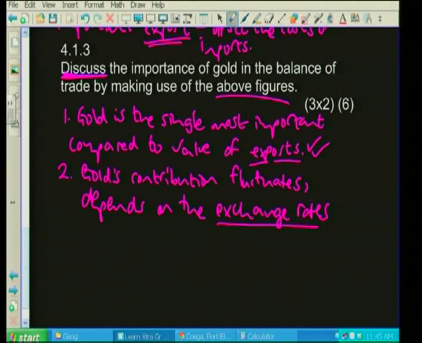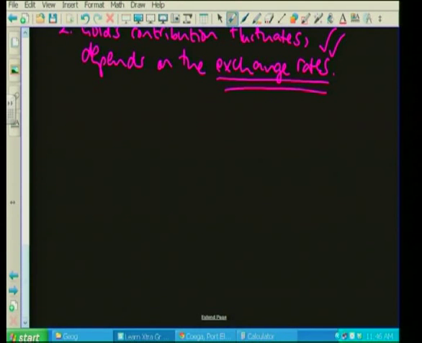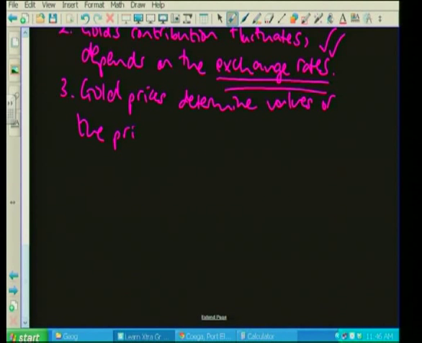Remember, we compare our rand to things like the dollar and the euro and other currencies like the pound and the yen, etc. And then finally, gold prices determine values or the price of various goods. So gold is actually a very important commodity, and it determines how much something is valued or how important, and the price sort of ranges of what stuff is in our country.